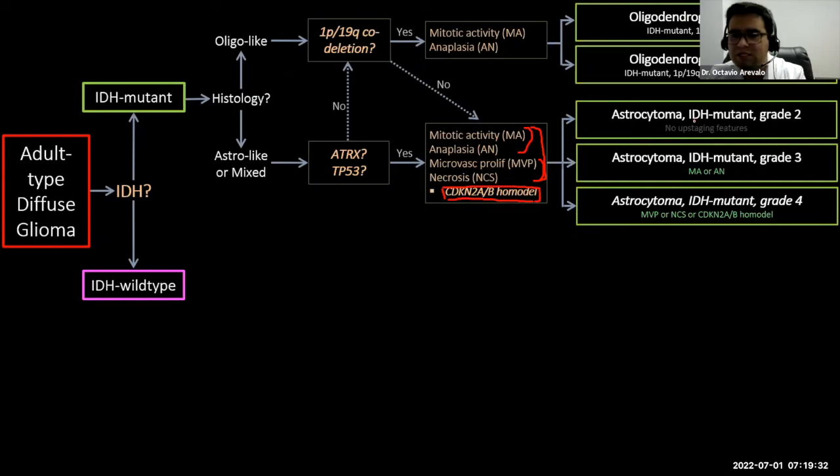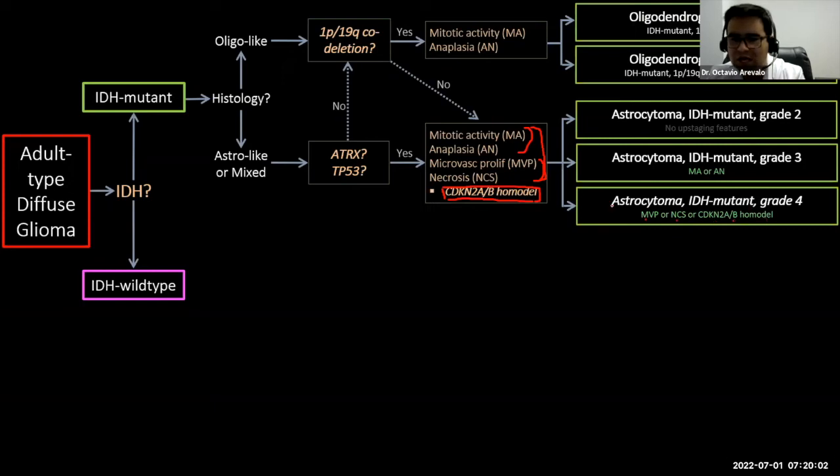So here you can see that we have 3 possible categories: the astrocytoma IDH mutant, which is this tumor with no upstaging features. If you have a grade 3, then you will have this tumor plus either mitotic activity or anaplasia, and a grade 4 if you have microvascular proliferation, necrosis, or the CDKN2A or 2B homozygous deletion.